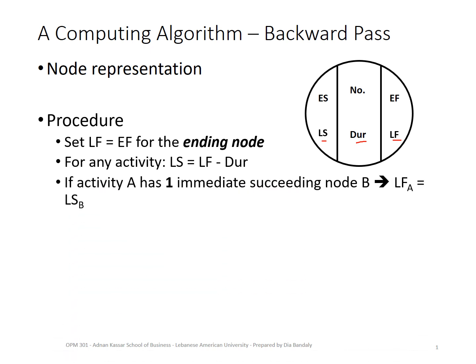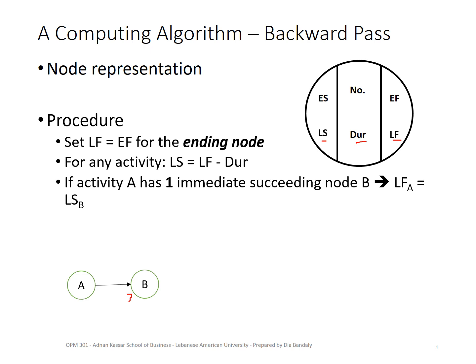All right. Now, if activity A has only one succeeding node, this is easy. Then the latest finish of activity A will be equal to the latest start of activity B. Let me show you that. Remember, here we are doing a backward pass, which means we already have found the latest finish of B and the latest start of B. Let's say this is 7.